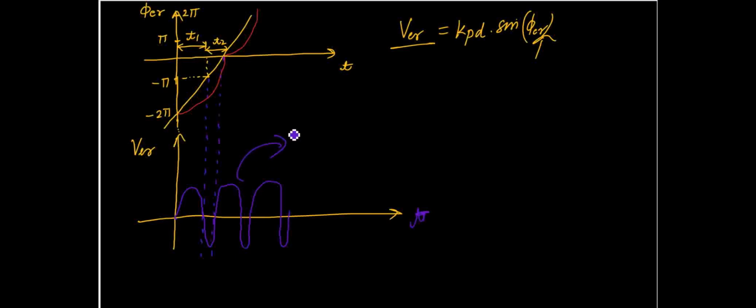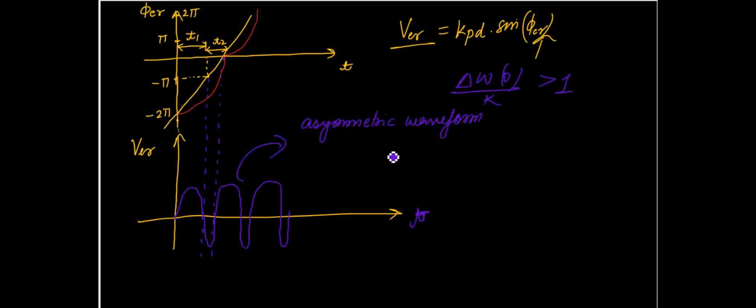So what it is showing, this waveform is asymmetric, first of all. That is the case which we are observing, and we see that it is asymmetric in nature. Means what? If you are taking average of it, it has some DC value, right? Because it's asymmetric, the DC value won't be zero if you are taking average of it.